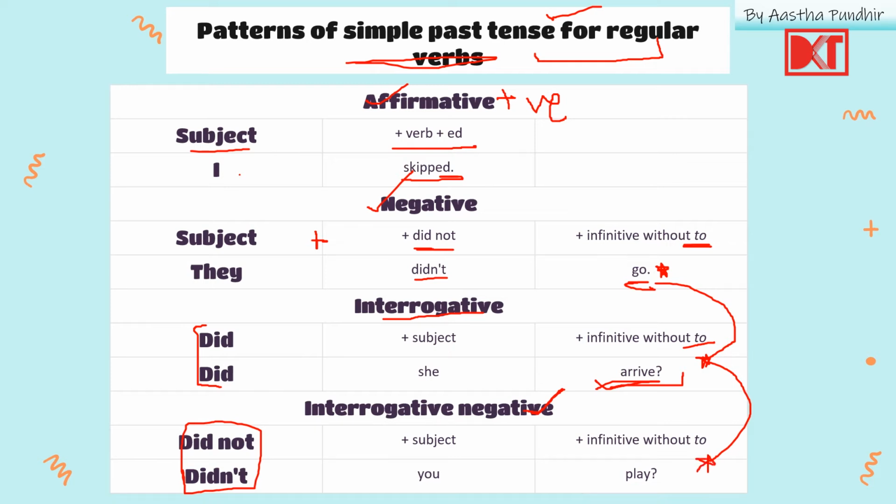Didn't you play? Didn't he play? Didn't she play? Didn't it play? Didn't we play? Didn't you play? Didn't they play? Alright, so this is the patterns of simple past tense for regular verbs. Alright, now let's move on.